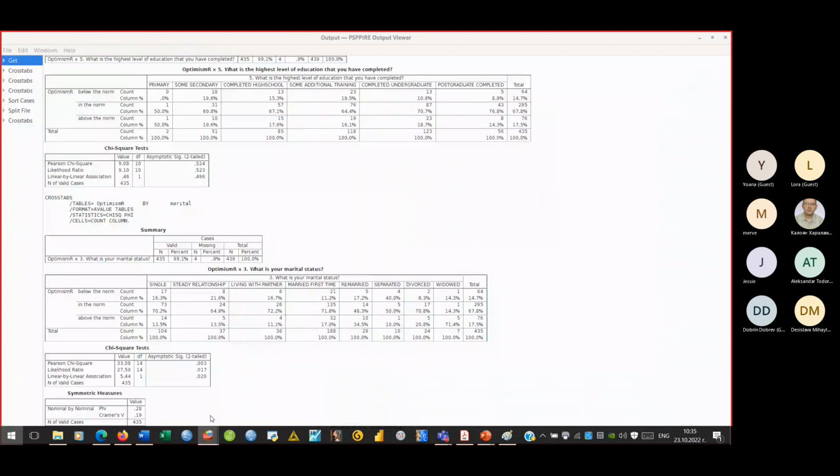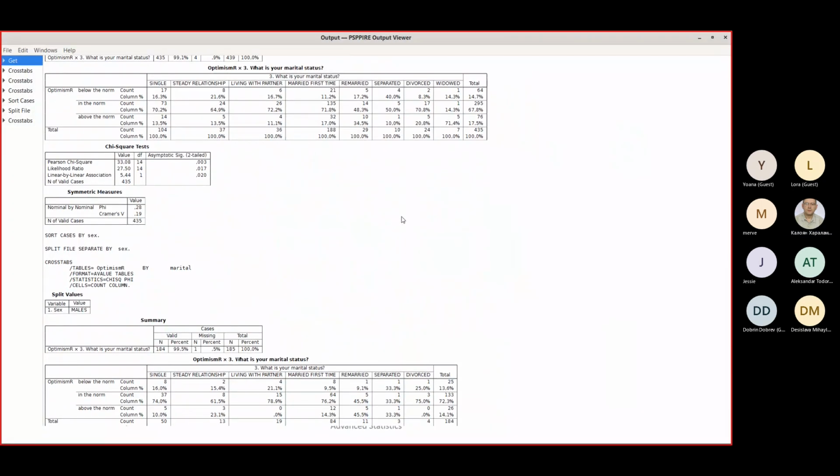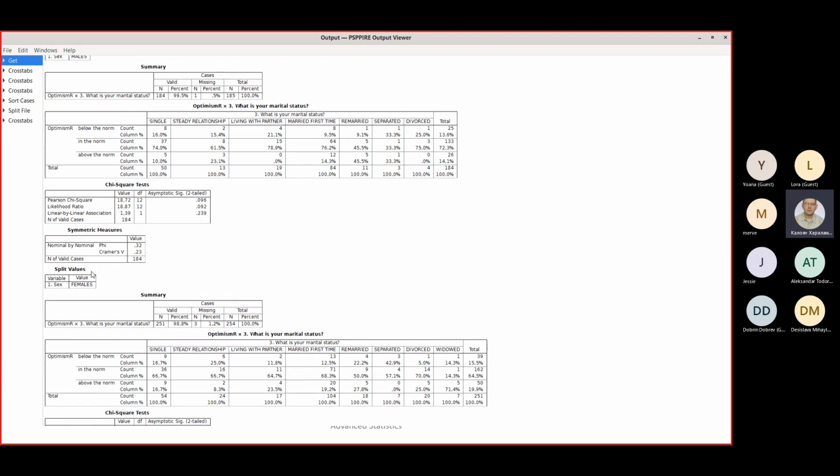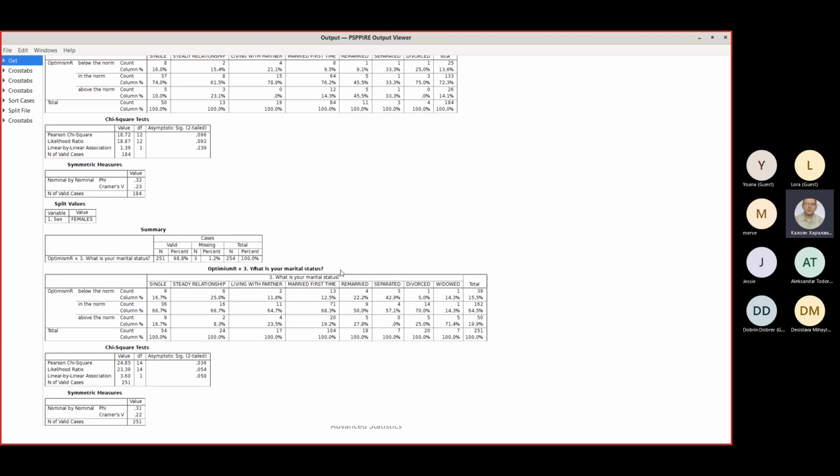Now we have results separately. Here you can see split values: the first group are males, and the second group are females.